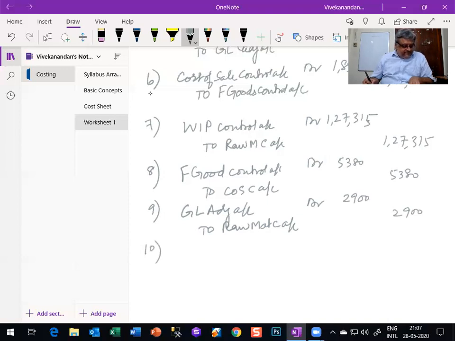Next entry: manufacturing overheads charged to production.